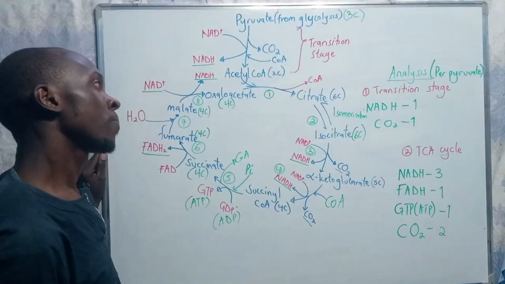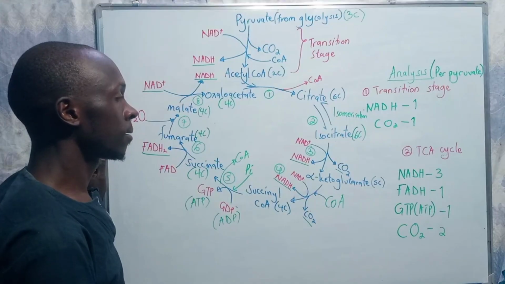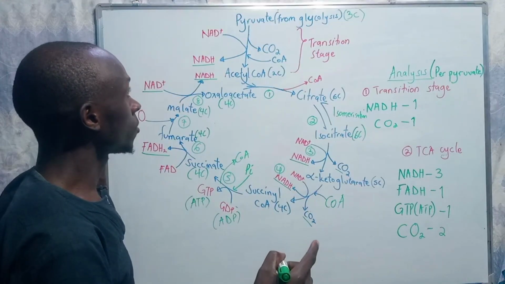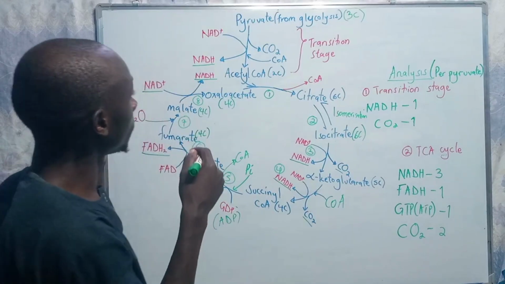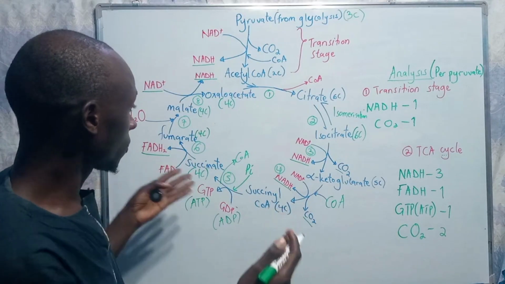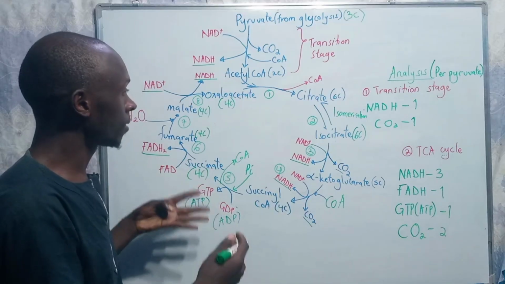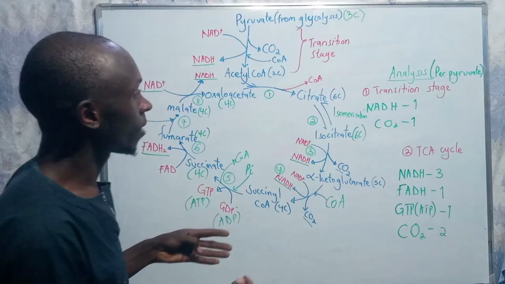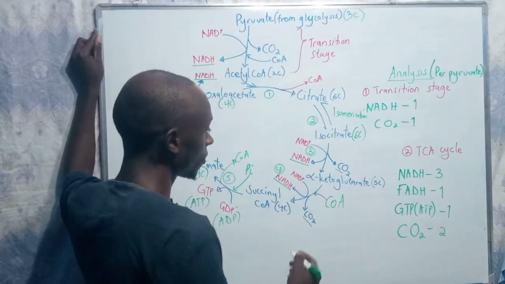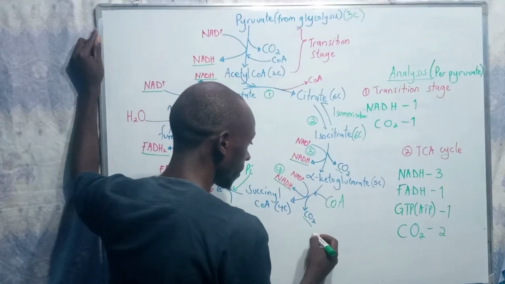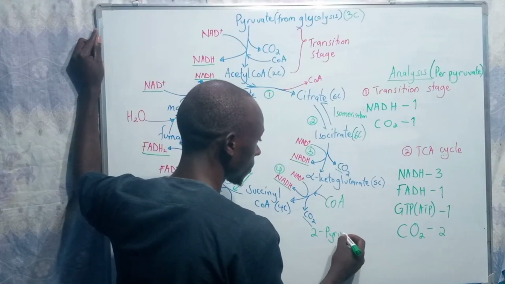So overall, we can say that for the 2 pyruvate molecules to enter into the cycle, actually, for the cycle to take place in the 2 pyruvate molecules, we shall have everything doubling here. In total, we can have the NAD.